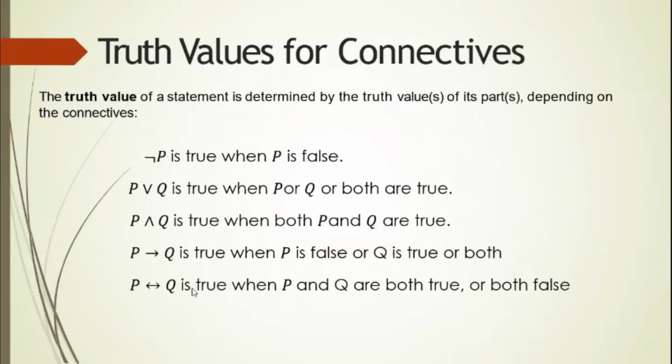P if and only if Q is true when P and Q are both true or both false. So these are the conditions wherein you will have a true truth value. Later on, I will be showing more examples so that you will be able to understand what these mean.